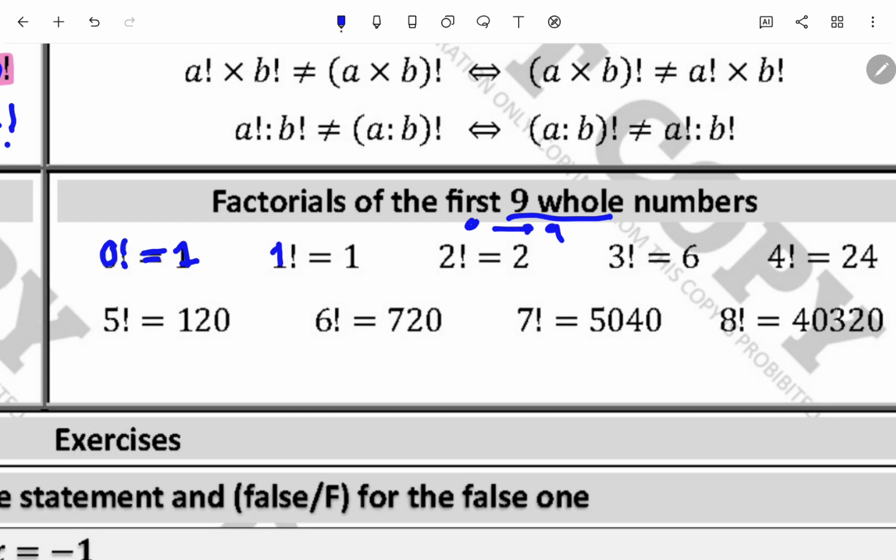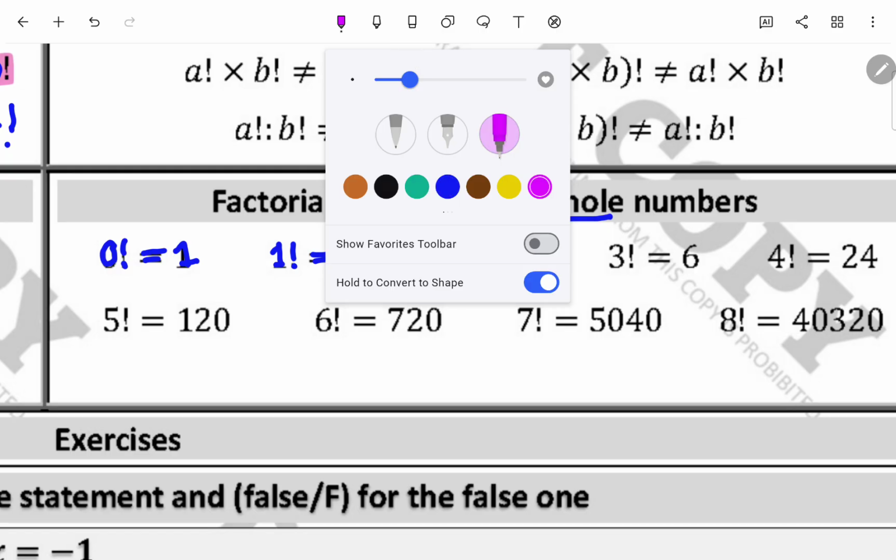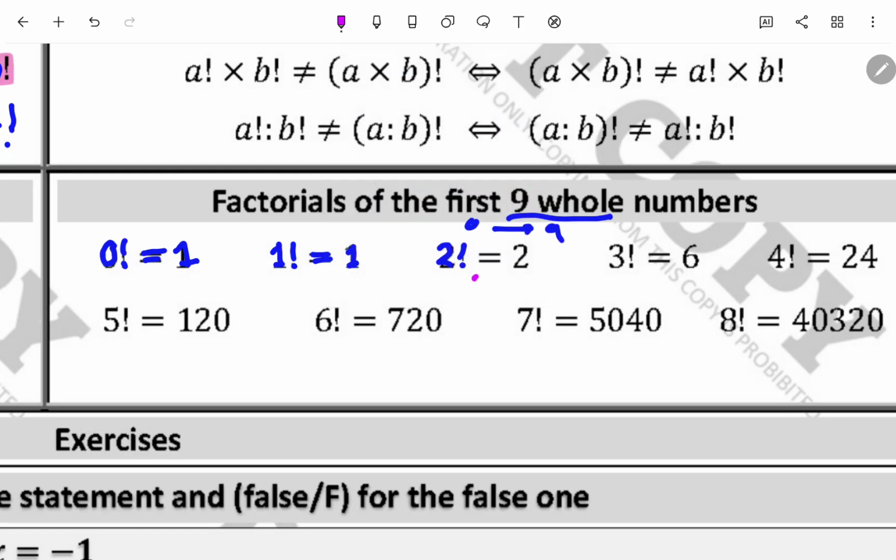And here 1 factorial is going to be equal to 1, because according to the definition, we multiply 1 once. 2 factorial will give you 2 times 1, which is 2. 3 factorial means 3 times 2 times 1, which is 6. 4 factorial means 4 times 3 times 2 times 1, which is 24. 5 factorial means 5 times 4 times 3 times 2 times 1, which is 120.